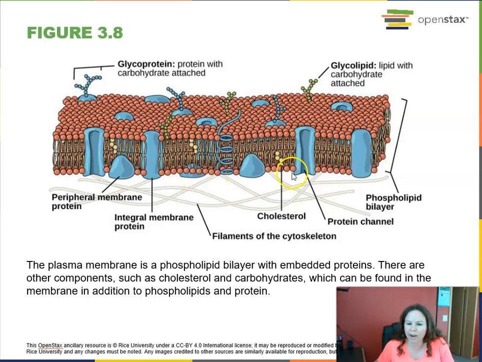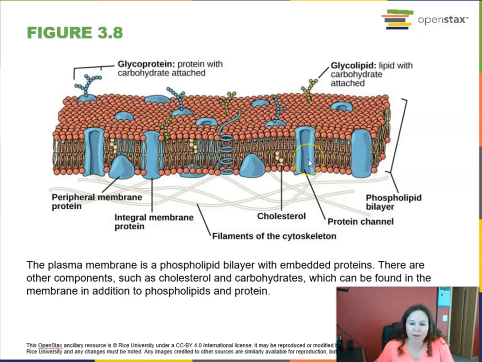The blue round objects, those are proteins that are dotting the plasma membrane itself. Some of these proteins have other things attached to them, like sugars, carbohydrates. You'll notice these proteins have different shapes. Some of them are going to act as transporters of different substances across the cell membrane.